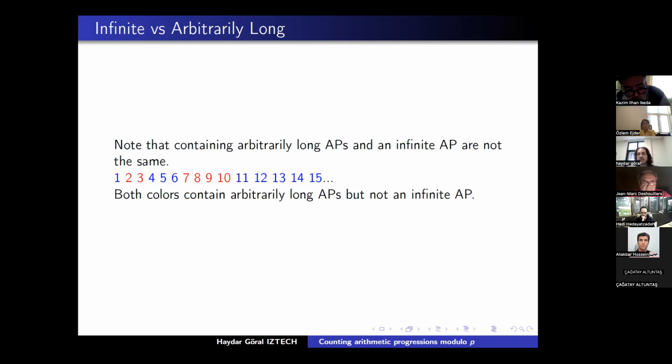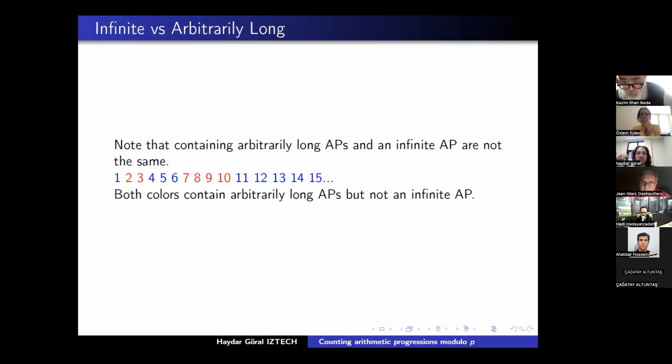You continue like this. Then you can realize that both colors contain arbitrarily long arithmetic progressions, because at some point you can find k consecutive numbers that are all red or all blue. But any color here, blue or red, cannot contain an infinite arithmetic progression, because if one of them contains an infinite arithmetic progression, then there should be a jump, right?